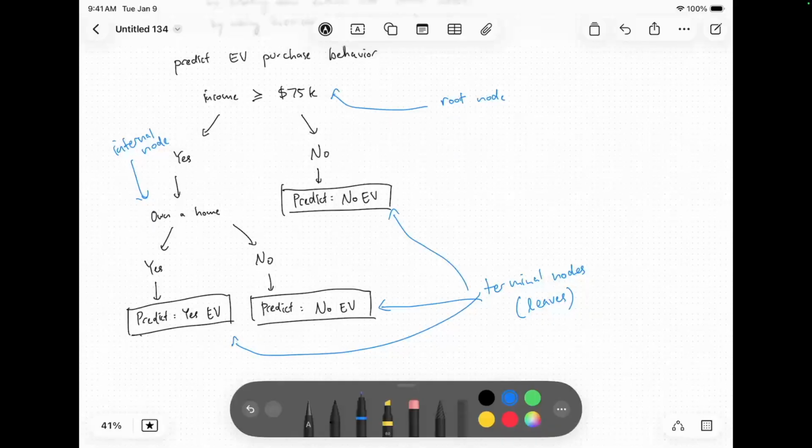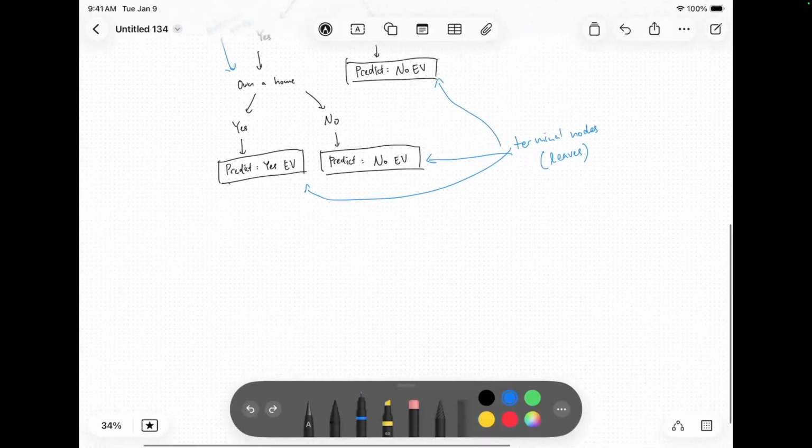And the idea is you want these categories to be essentially as pure as possible. You want the resulting groups to represent a majority into one of your decisions. Well, we'll talk about that in just a moment.